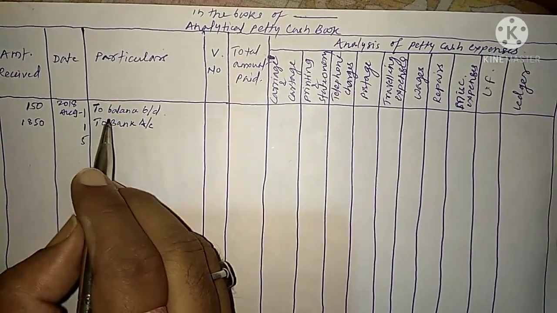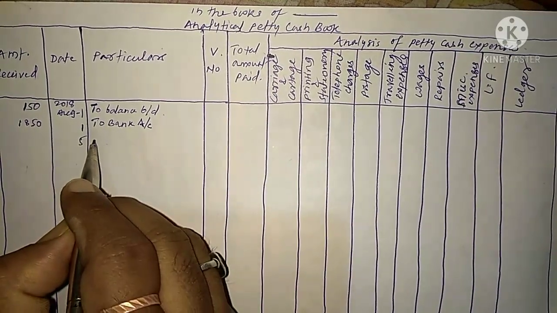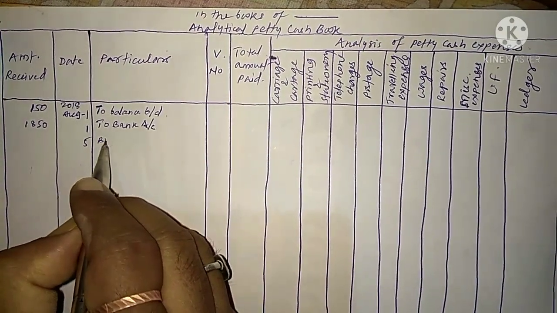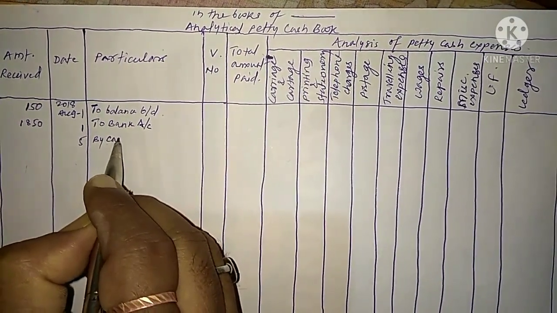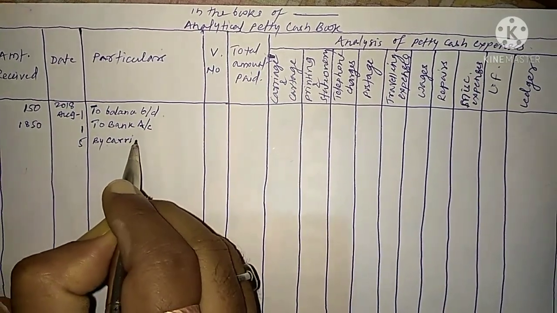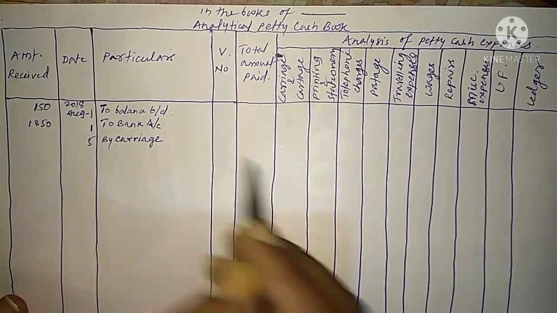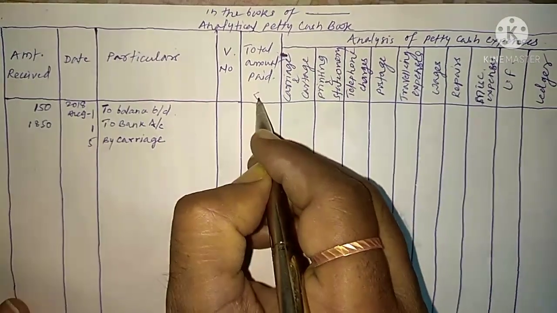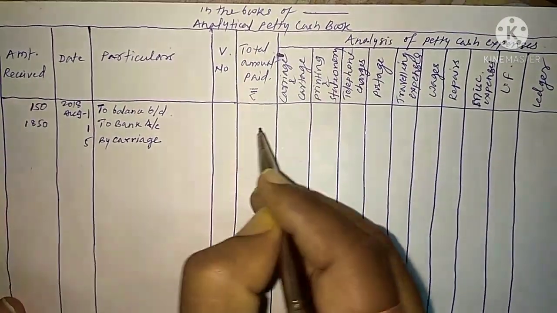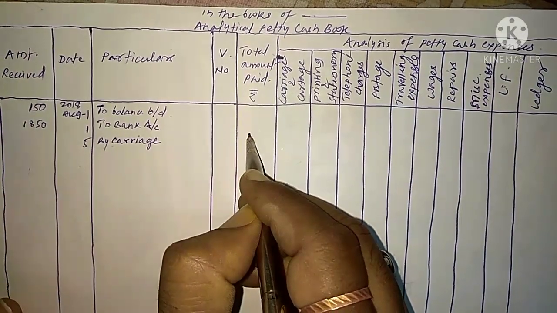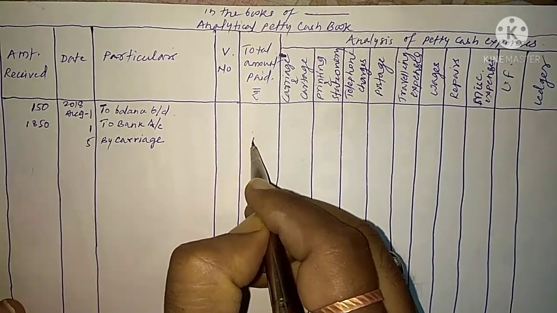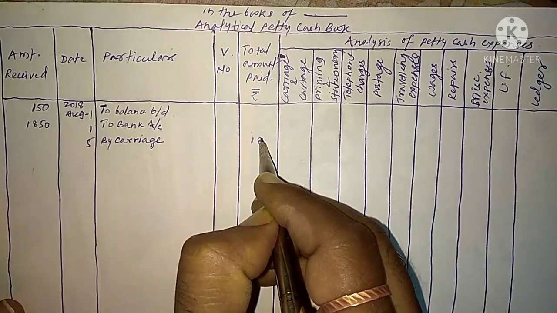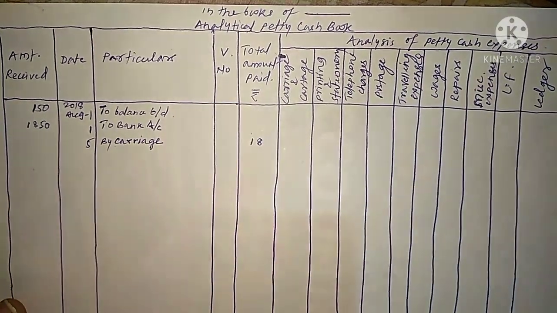So here for carriage, first we have to write by carriage, and the amount, that is rupees 18, we have to show in this amount paid column.